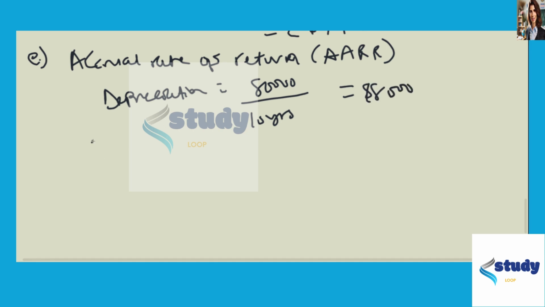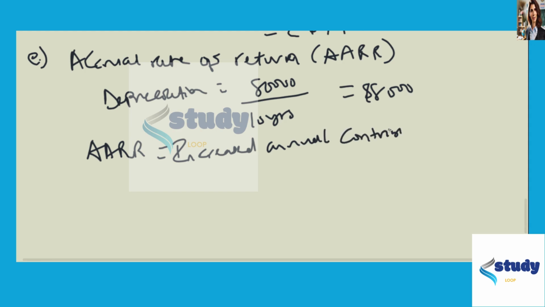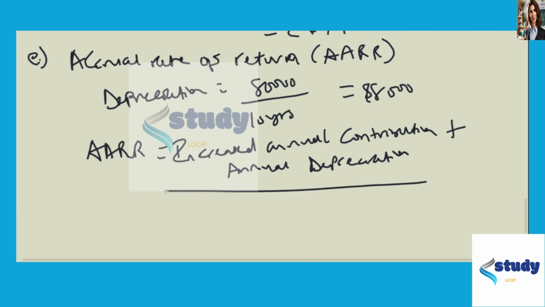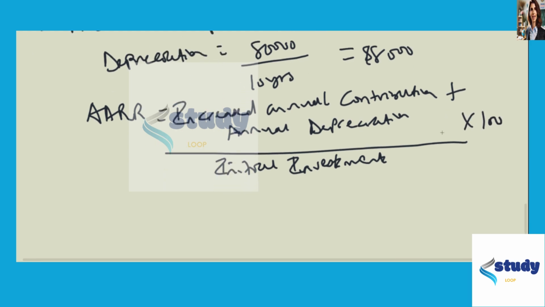So now the AARR would be the increased annual contribution plus annual depreciation divided by initial investment multiplied by 100.